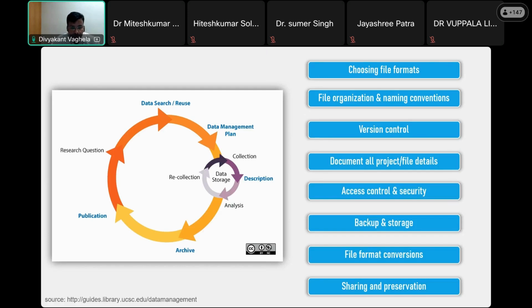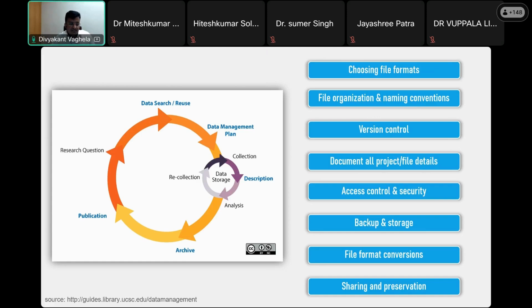It also contains the version control mechanism, documenting all the files, all the projects, then access control of each and every file, backup, how the backup should be done, where it will be preserved or stored, then file format conversion, choosing a file format which is easily convertible to another format, or choosing some open access kind of format, and sharing and preservation.